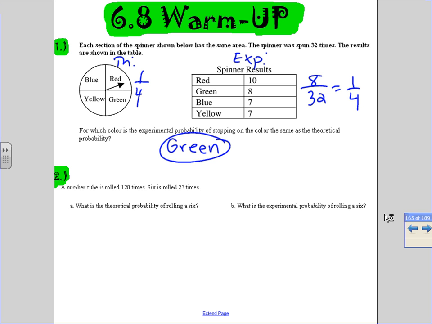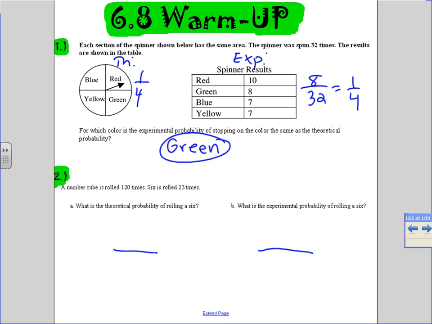Okay, number 2A. Briar, what'd you get for 2A? Okay, I'll come back to you for 2A.